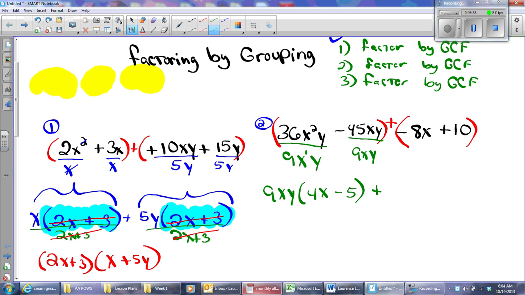Here, my GCF, I think it's going to be 2, but I'm not going to pull out a 2. Think about it a second. Notice in my first quantity, the 4x is positive and the 5 is negative. And in my second quantity, I have a negative x term and a positive constant. It's backwards.